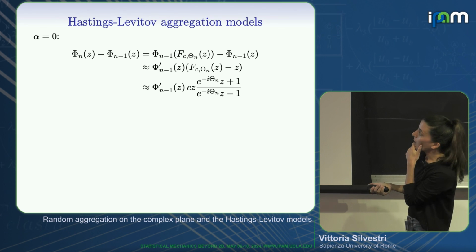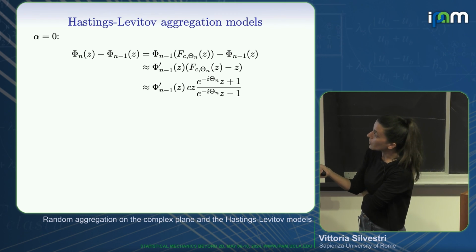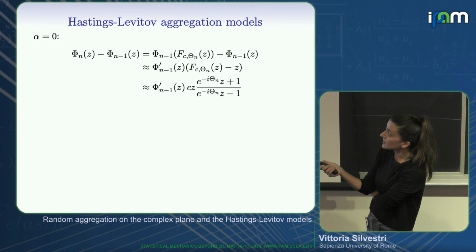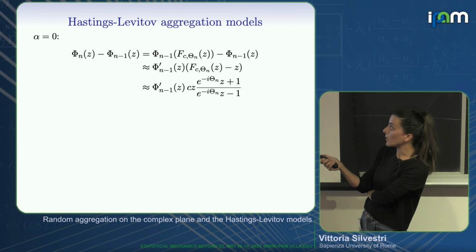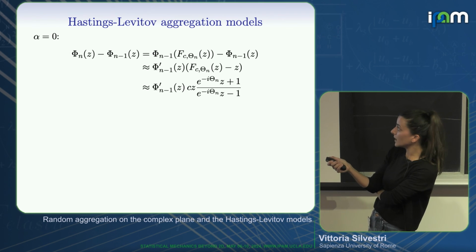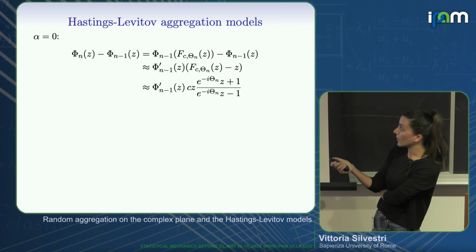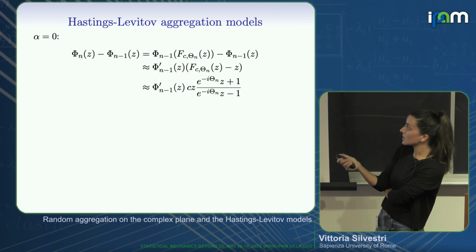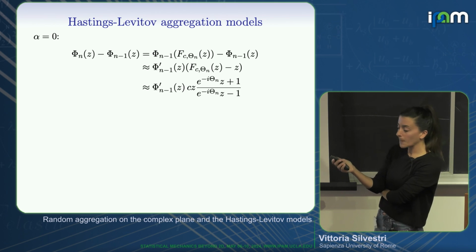Okay, and just to tell you how you put your hands on this in the IID case. Well, you want to quantify how your random map changes in one particle arrival. So you're going to compare your map phi n with phi n minus 1. And if you do a Taylor expansion, this is roughly the derivative of phi n minus 1 times the map that accounts for the latest particle arrival, which is close to some explicit map that depends on the arrival angle.